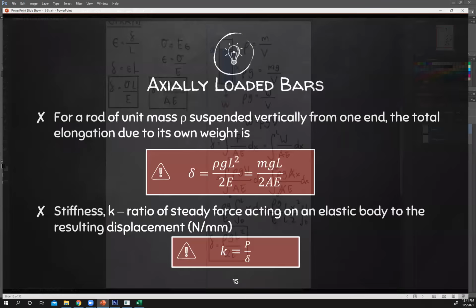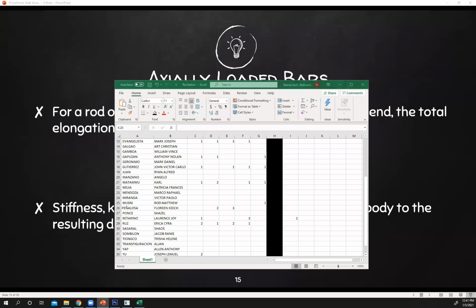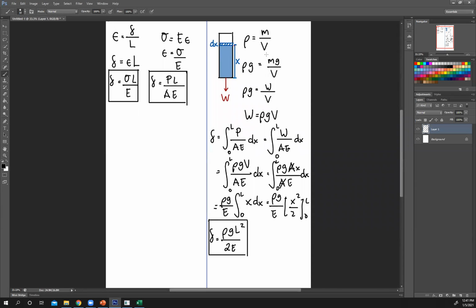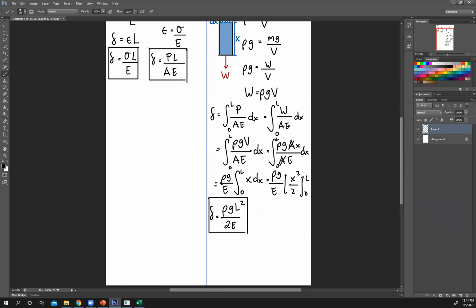Now, how did we get MGL over 2AE? Just rewrite density. As you can see, density is just mass over volume, so rho g is mg over V. This becomes mg L squared over 2VE. Okay, so that's the reason why.